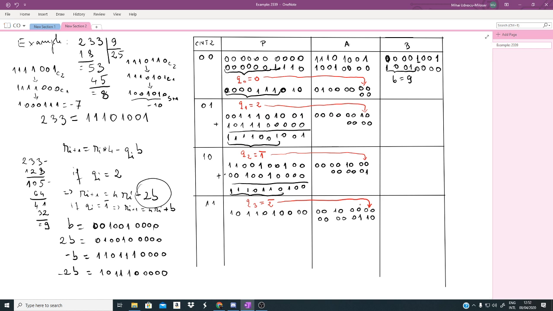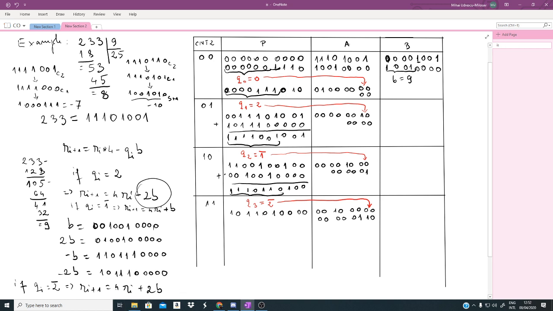And according to the equation, if Qi is -2, then Ri plus 1 is 4Ri plus 2b, right?